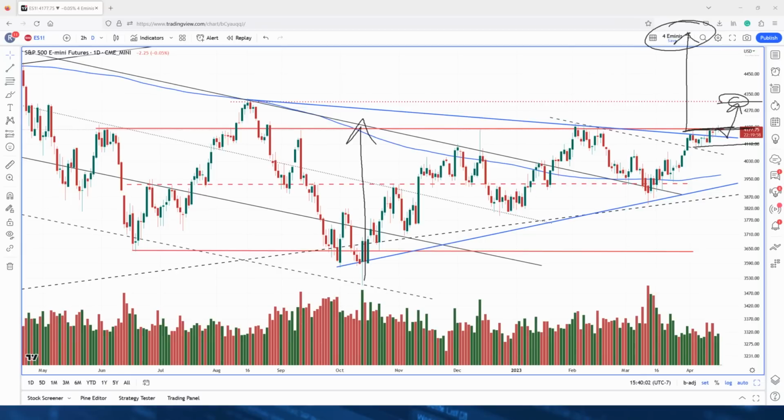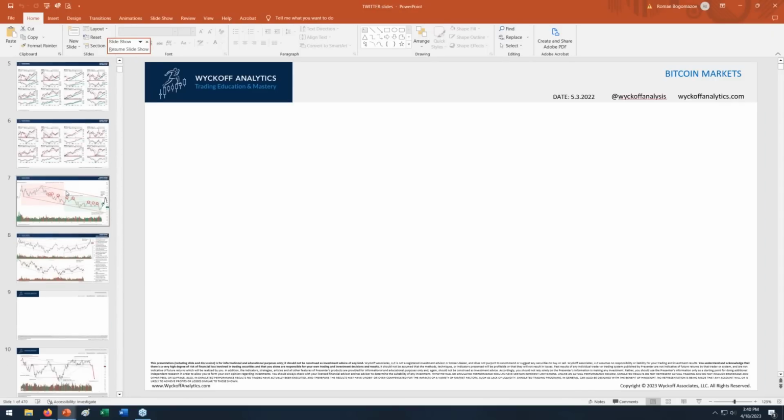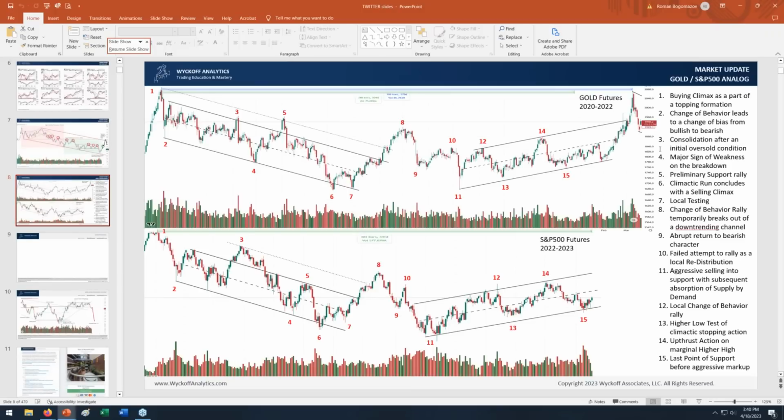And I would be thinking something similar to, let me just show you this analog from my tweet here. Okay, so I'm comparing gold futures to the S&P 500 futures. So we've broken this and we are right here right now.